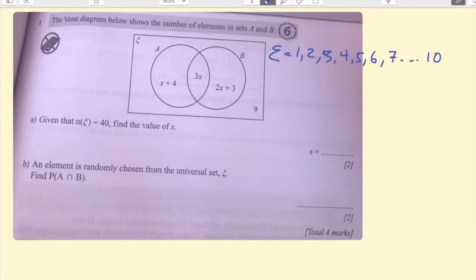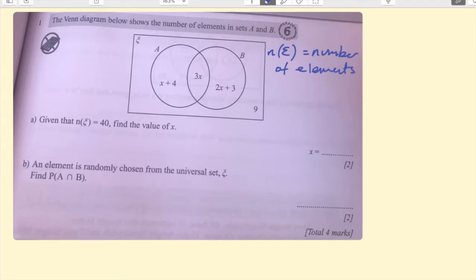This Venn diagram is different in that it's telling you the number of numbers in the sets, not the actual numbers themselves. Does that make sense? So this notation means the number of elements in the sets.